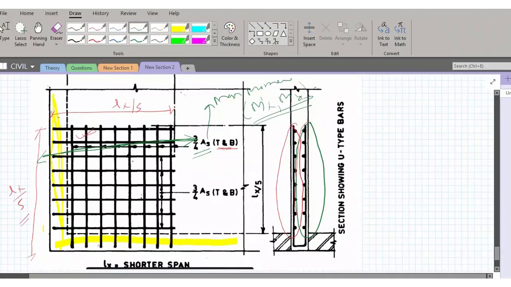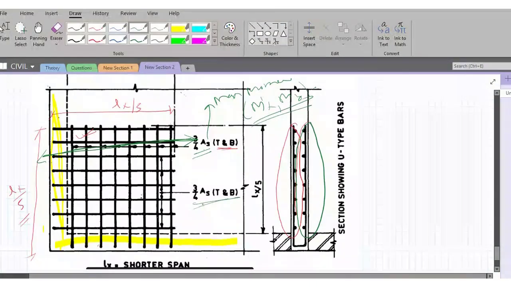And always remember, if you observe, you will always get Mx more compared to My, because bending is always dominant about the shorter span. So if you start observing those calculations, irrespective of seeing the maximum moment, you will know when you are going to have the maximum moment.